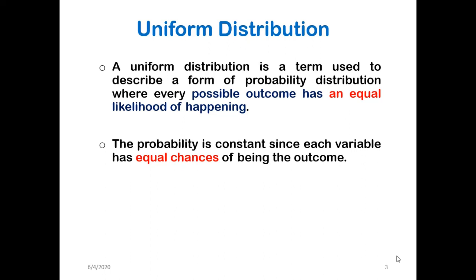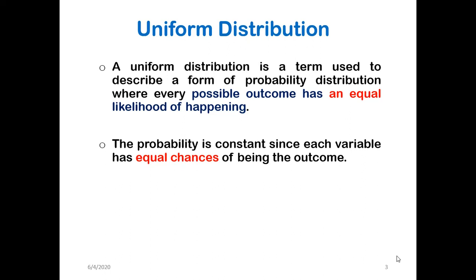With the uniform distribution, we refer to a form of a probability in which each possible outcome of your interest has equal chance of occurring.